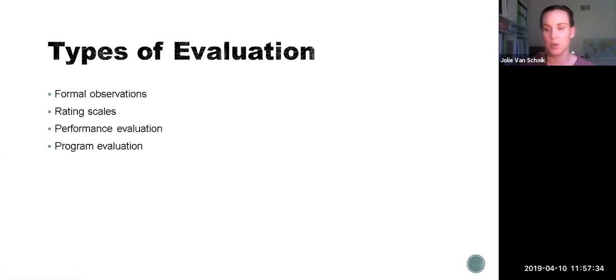I did many formal observations, and this was a main form of evaluation within the military system. At the very beginning, within the matrix of your job positions, before you were able to move up from a general service 3 to a general service 4, you had to have a certain amount of formal observations, and they were all very, very prescribed.